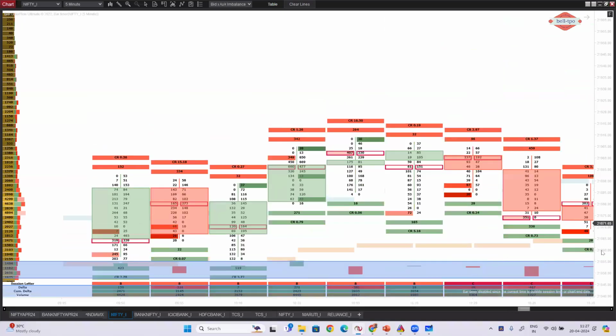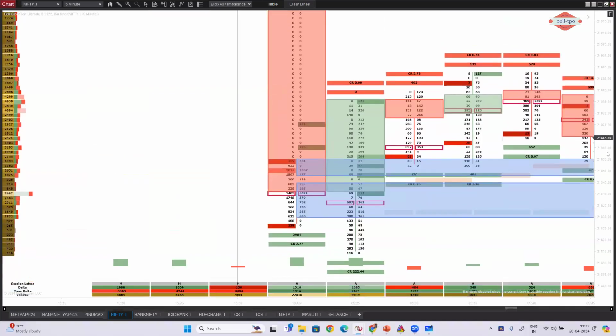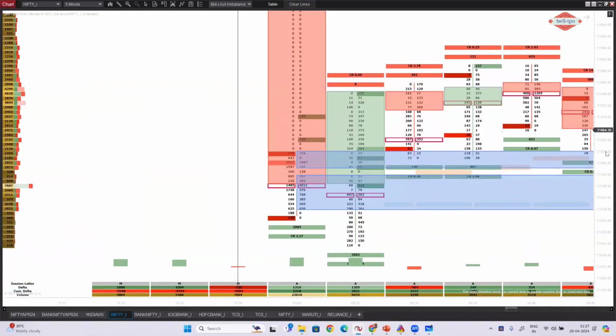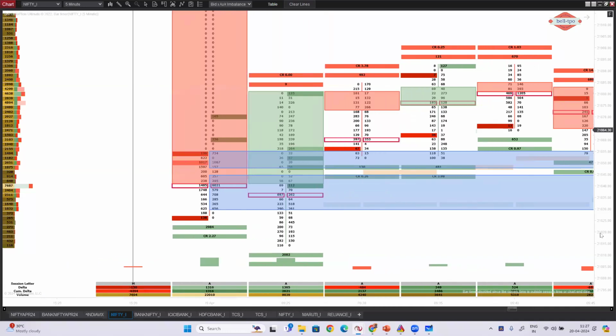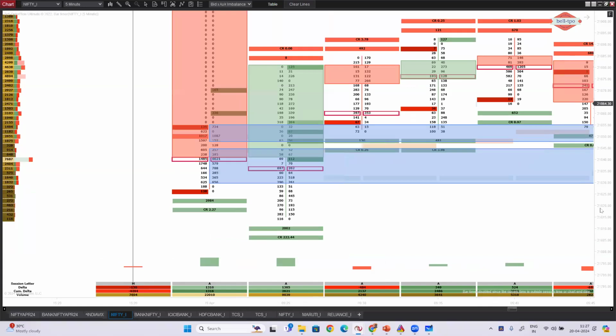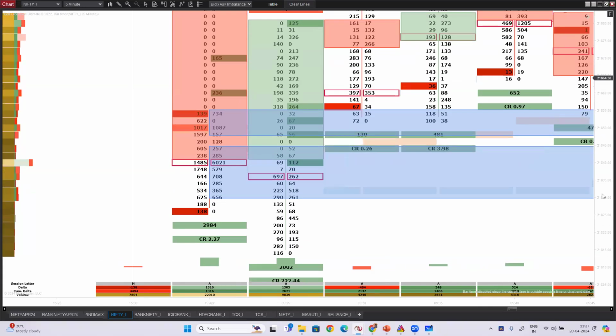Here you can see only executed market orders, not the pending limit orders. You cannot see the pending limit orders from the order flow, only the executed transactions. So what does that mean? In the order flow, the sell side will be on the left-hand side and the buy side on the right-hand side.